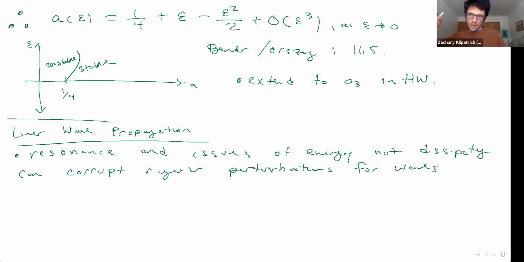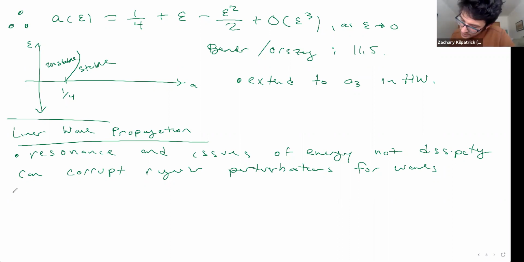If you force it at one end, you get spatial oscillations that will propagate along the string. And you can imagine that if you're forcing a string at the resonant frequency, energy can build up within it. And this can be problematic if you have perturbation expansions that generate resonance terms that aren't in the actual physical problem.